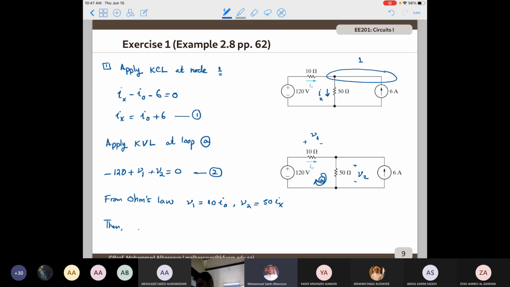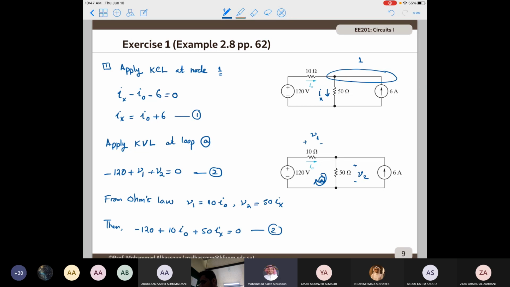So I will have minus 120 plus 10 I naught plus 50 Ix equals 0. And this is the modified second equation. So now I have 2 equations, 2 unknowns. All I need to do is solve.